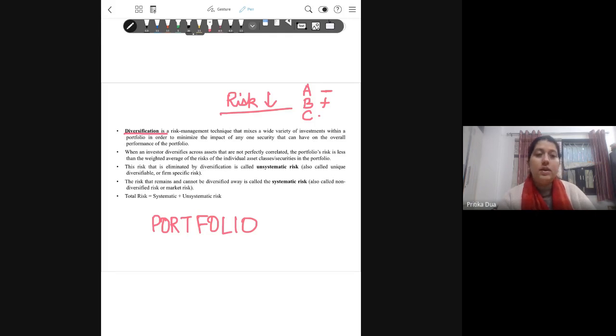Now, it is always best to diversify using investments which have very low correlation with each other.